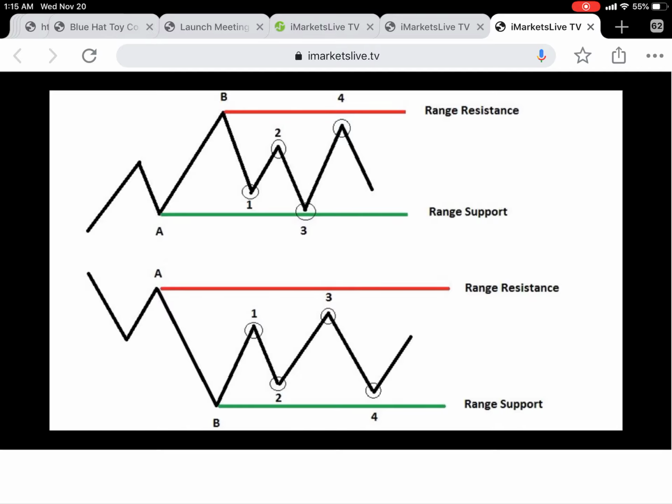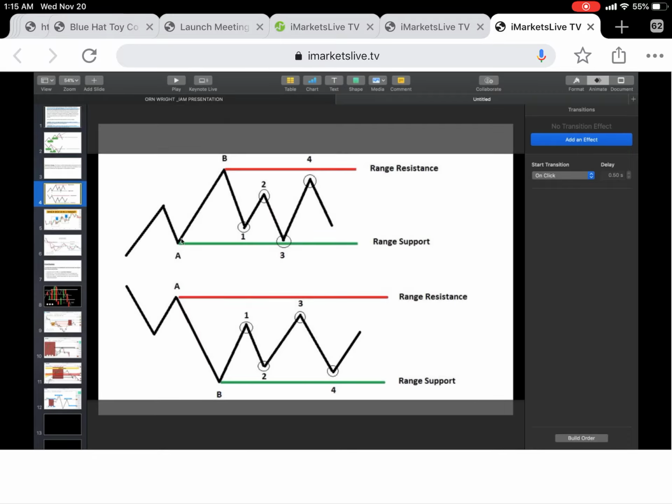Now, I want to show you what it looks like, and then we can go over to the other screen. So the market moves up. This is your initial move right here. And then the market pulls back. We can't say this is a range because the market from A to B makes a new high.